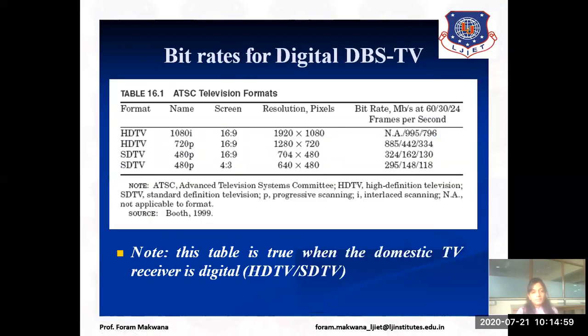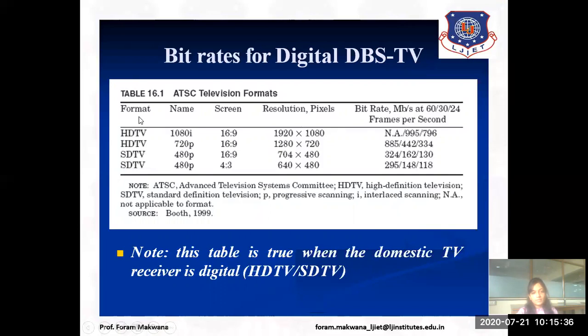Now these are the different bit rates for digital DBS TV receiver. So these are the ATSC television formats. Now what do you mean by ATSC? ATSC stands for Advanced Television System Committee. And these different formats are like high definition television and standard definition television. Each and every format has a specific resolution and specific bit rates.